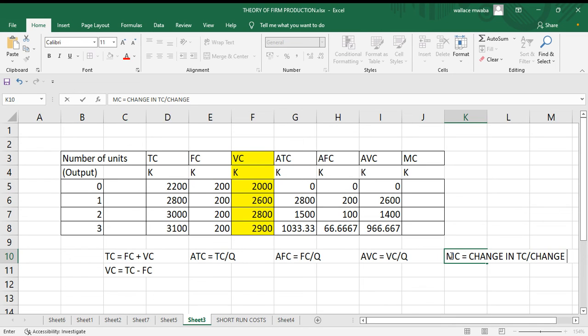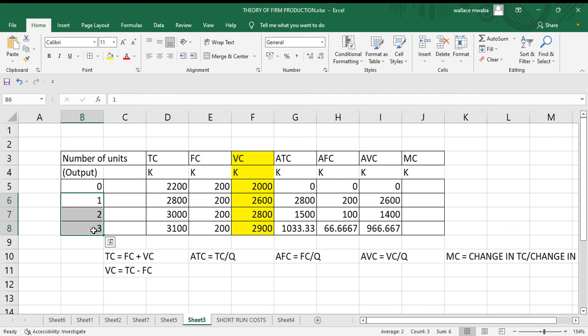So the change in quantity or output here is 1, so our denominator will be 1.